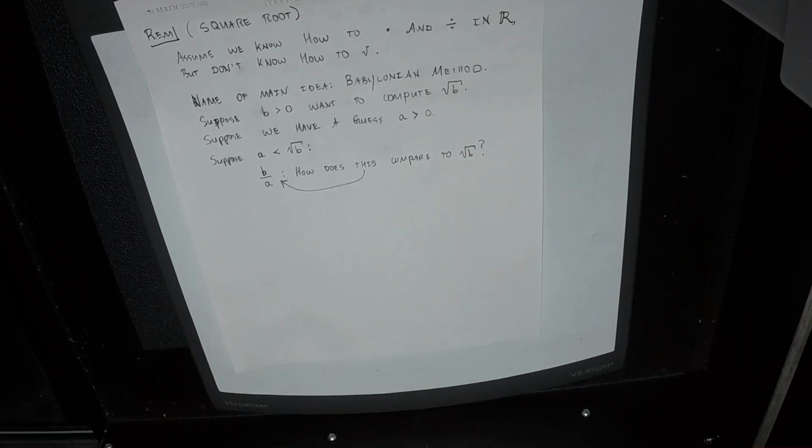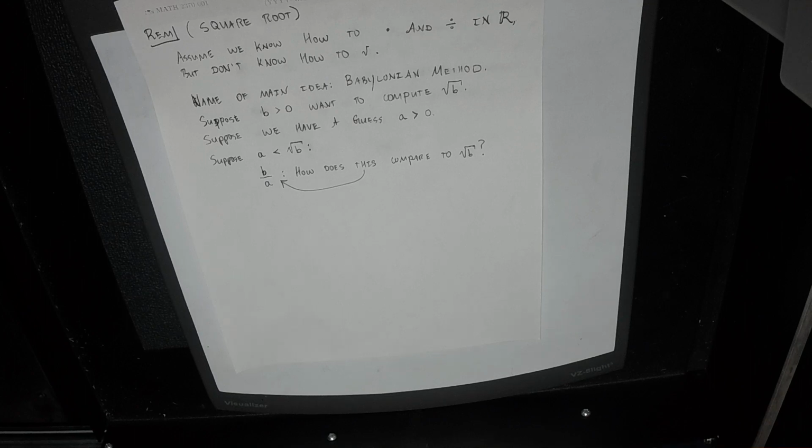Our guess is a, we know the value of b, which is the thing we want the square root of, and we're supposing our guess is too small. So that will be greater than the square root.